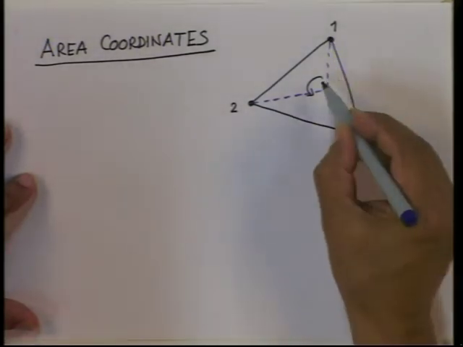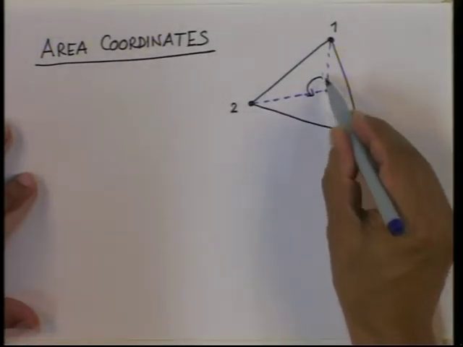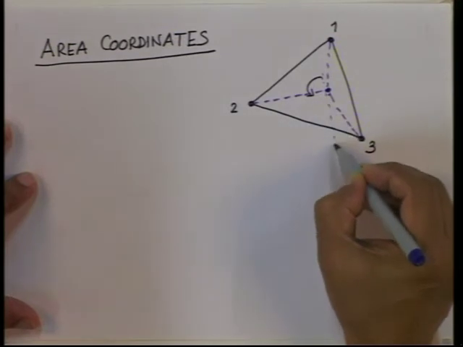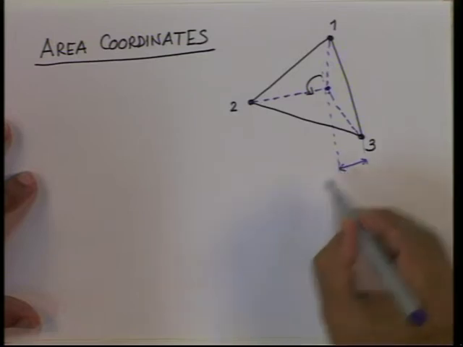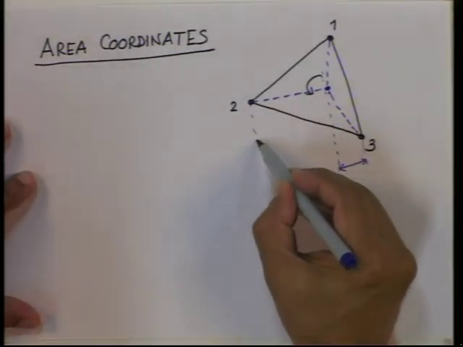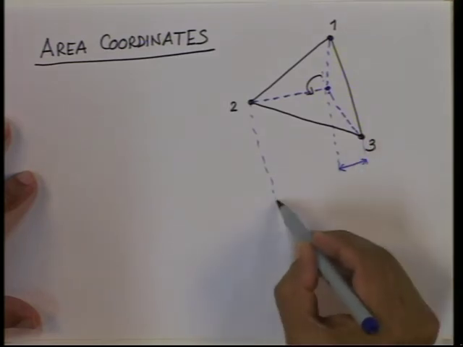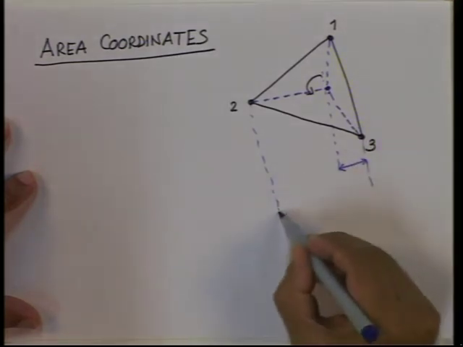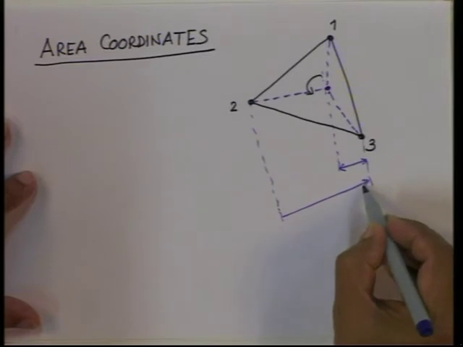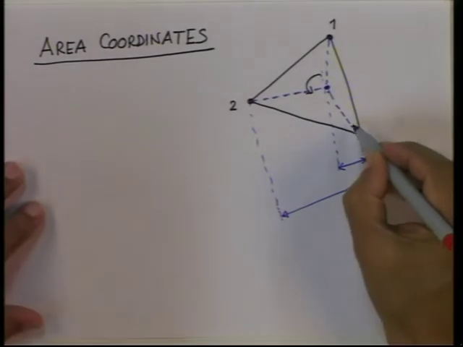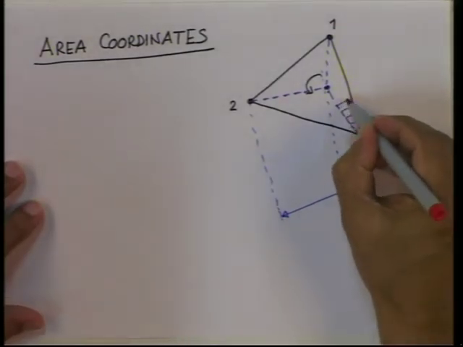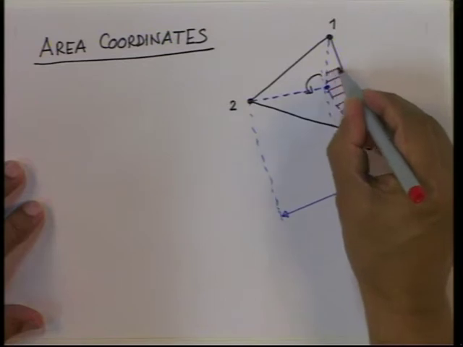Now let me draw a line parallel to the base 1, 3, and then this is some height. Let me also draw a line parallel to 1, 3, and then this will be the height. Let me hatch this area.